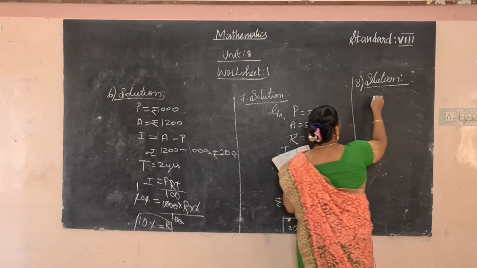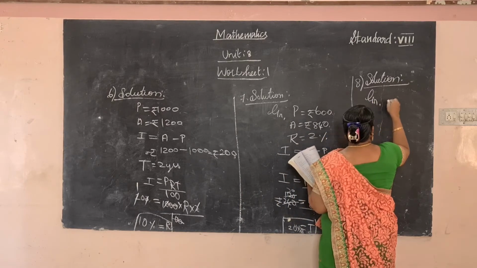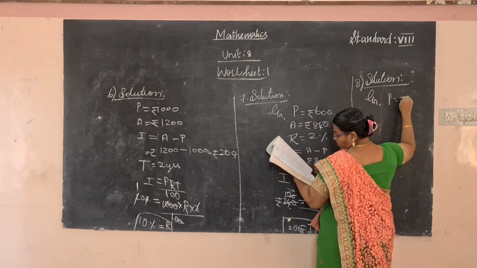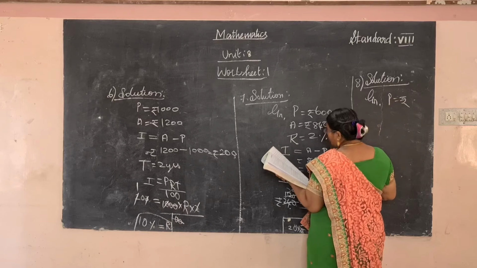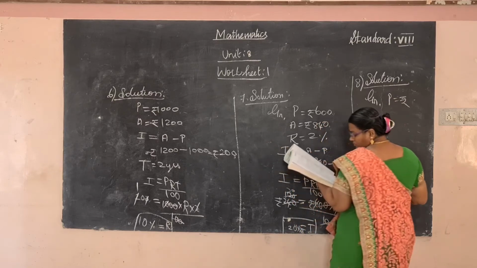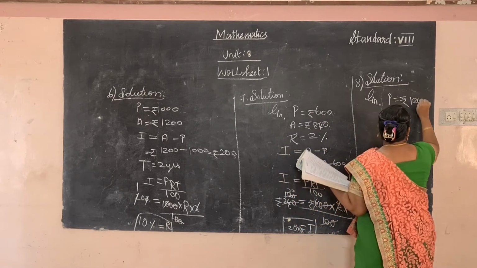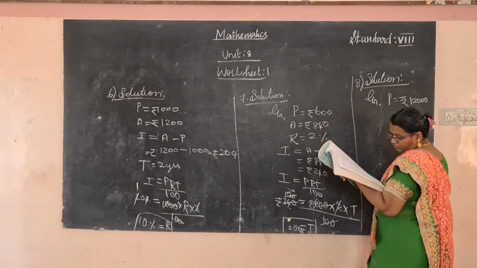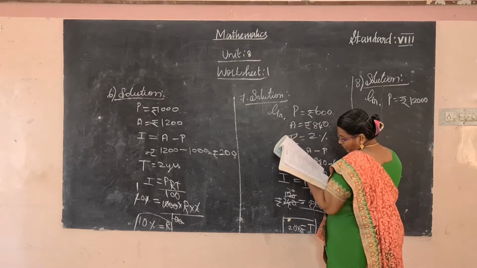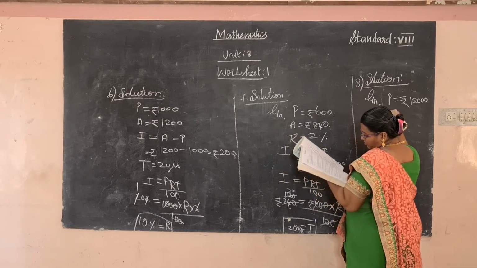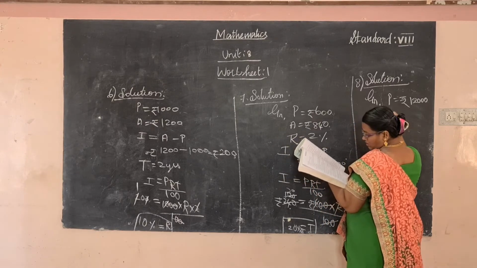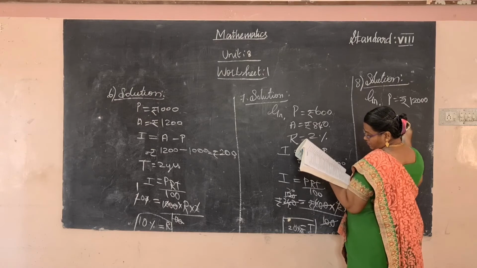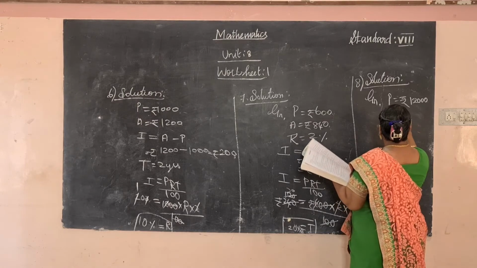A is equal to. So before that we have to write what are the given data. P is equal to rupees 12,000 and then number of years N is 2 years.